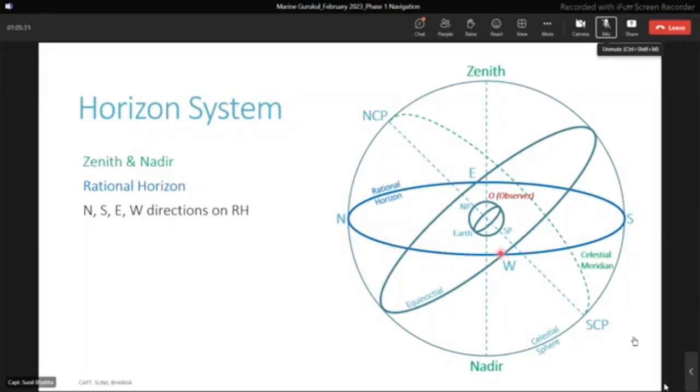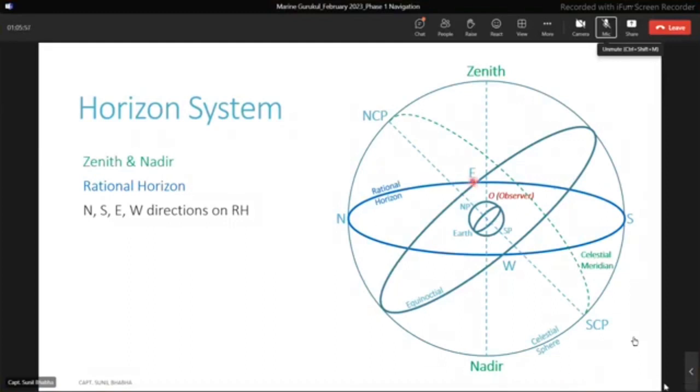Now this particular diagram is a 3D diagram. We have tried to show the full complete celestial sphere in 3D on a plane surface. We are trying to show a 3D object on a 2D surface. So that could be a little bit confusing, but when you are looking at the celestial sphere, the westerly point which you see, the west direction point, is the part of the celestial sphere which is towards us, or towards the observer, and the east point which you see is on the far side of the celestial sphere which is opposite to us.